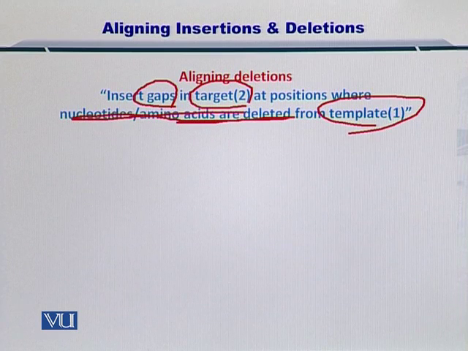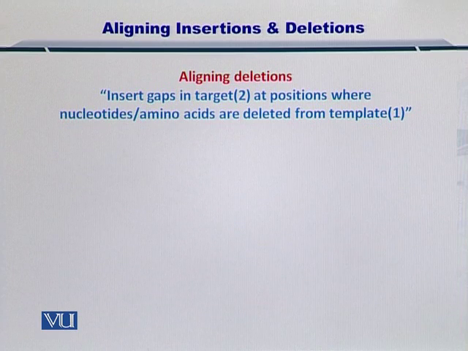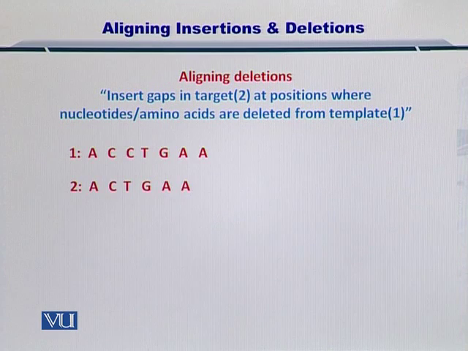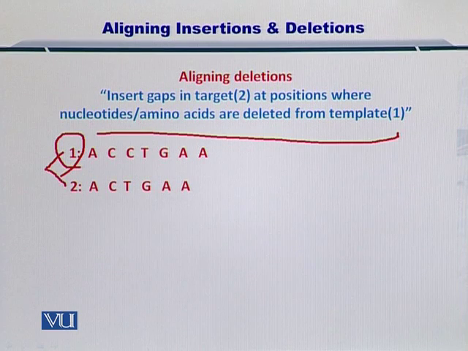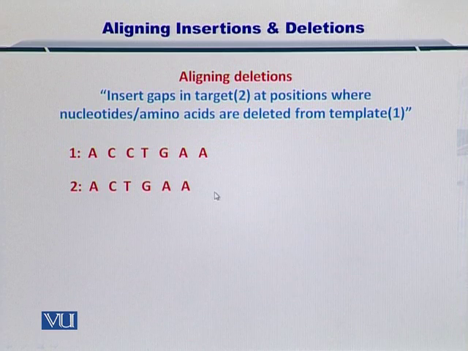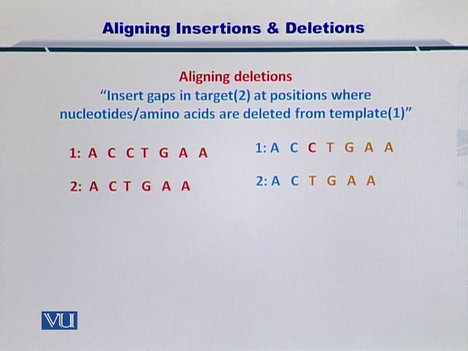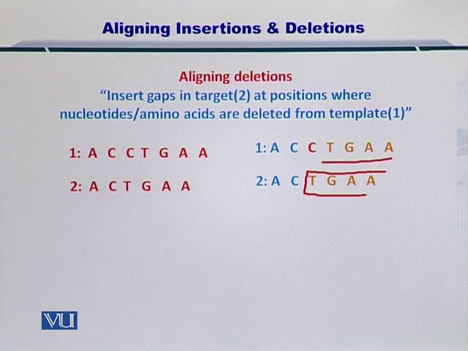So let's take a look at the example. We have again two sequences given here, 1 and 2. 1 is the template here, and 2 is the target. If you again examine the sequences, you will find that they match just like the previous example.